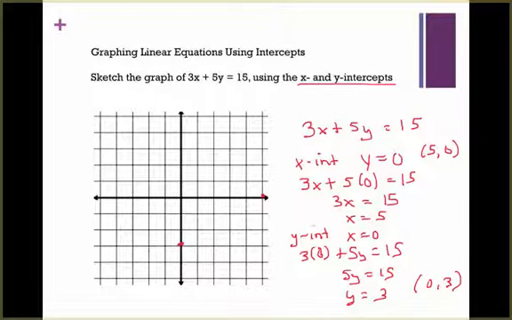And now that I have those 2 points, they form a line, so I could just draw the line between those, and that would be the graph of my line, 3x plus 5y equals 15. And notice that I didn't have to put it in slope-intercept form to sketch.